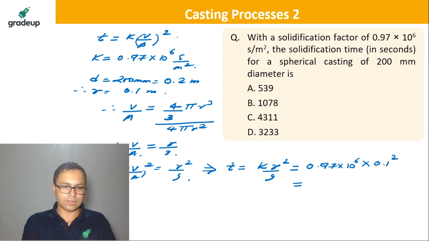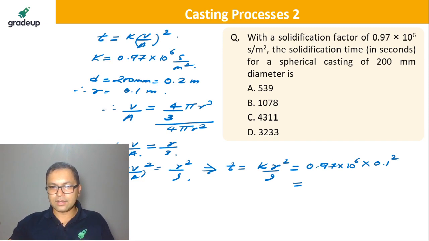I'm getting it weird. 9700. Okay, so this is K into r square upon, we also have a 9 here, right?